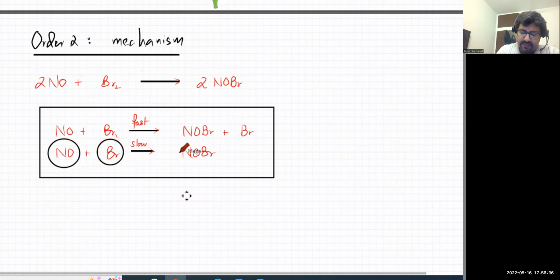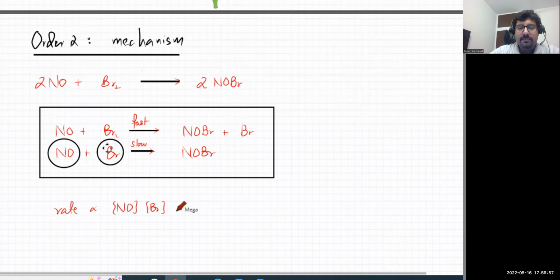So the rate of the reaction is first order with respect to NO's concentration and it's first order with respect to the Br atom concentration. ठीक है, ये हमने discuss किया था.